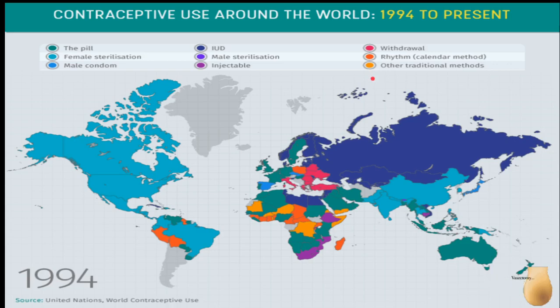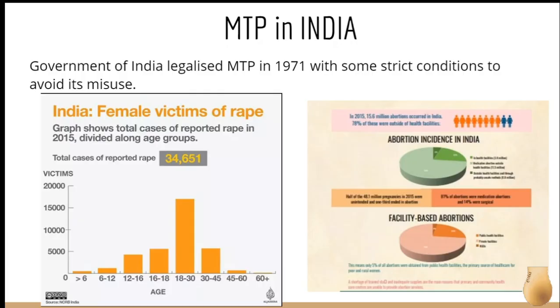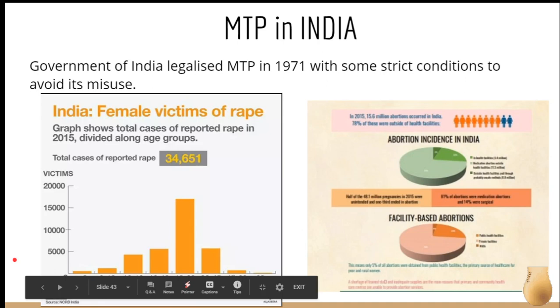Now, if you come to our country, what are the statistics related to MTP? In our country, India regularized MTP in 1971 with some strict conditions to avoid misuse. Right over here, you can see the female victims.